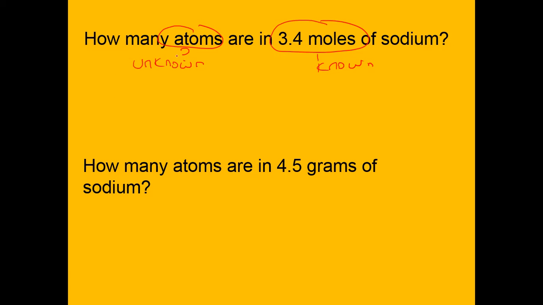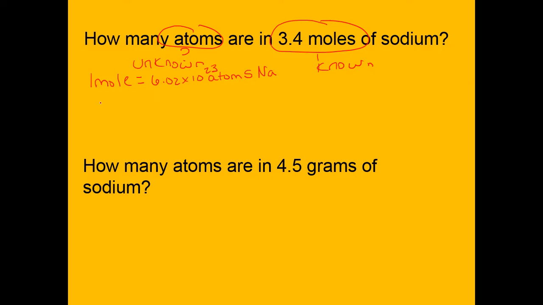So since we know our known and our unknown, let's start with the relationship. We already said in our discussion on the previous slide that 1 mole equals 6.02 times 10 to the 23rd particles. Now, the word particles here is being called atoms, right? So we could just simply say atoms of sodium.